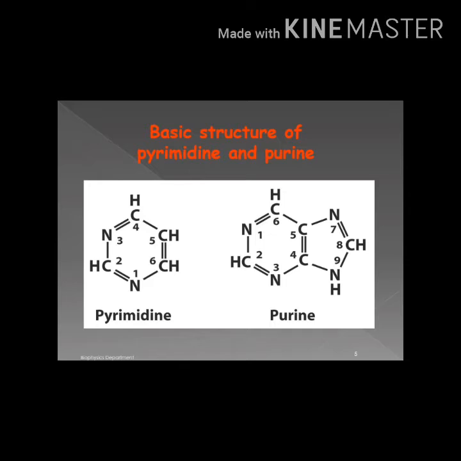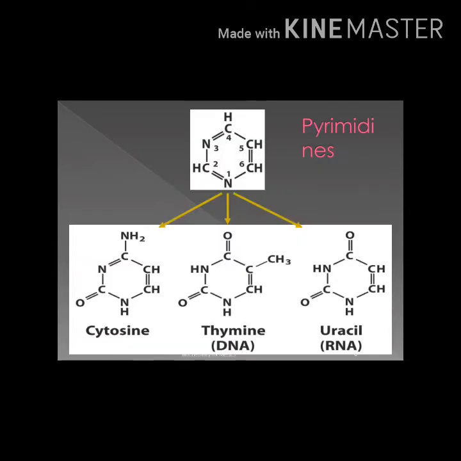In more detail, if we take the bases and their structure and classification, there is the basic structure of purine and pyrimidine. In DNA there are two types of bases, purine and pyrimidine. Here a pyrimidine is a single ring structure having 6 ring atoms, while a purine has 9 atoms arranged in a double ring structure.